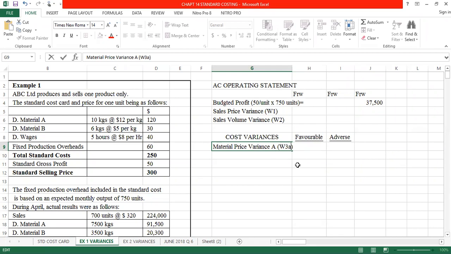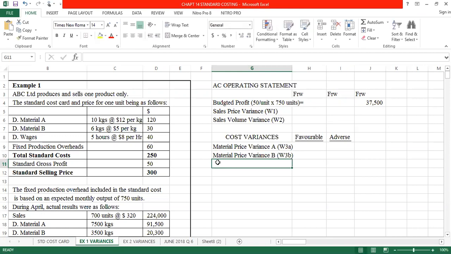Next, material price variance for B. I'll call it working 3B. We'll have that working.